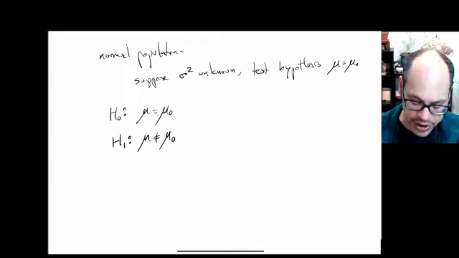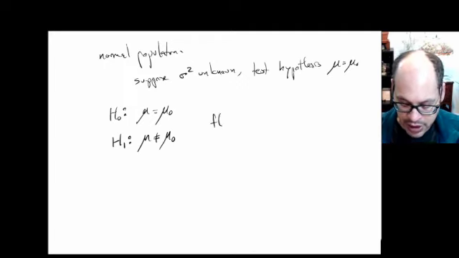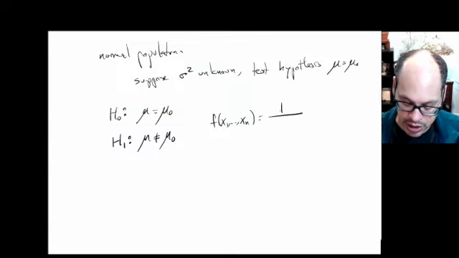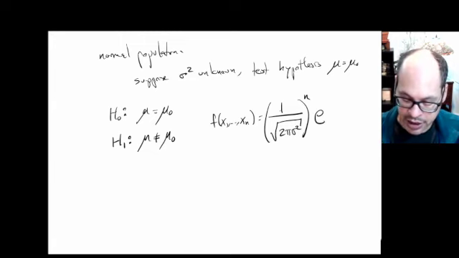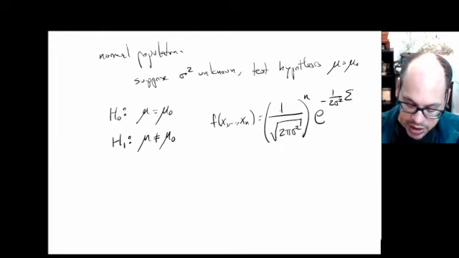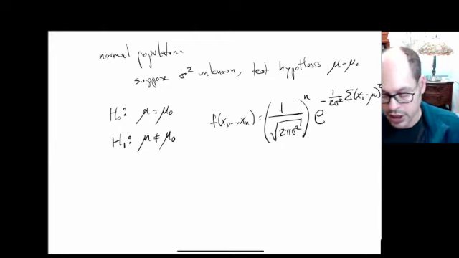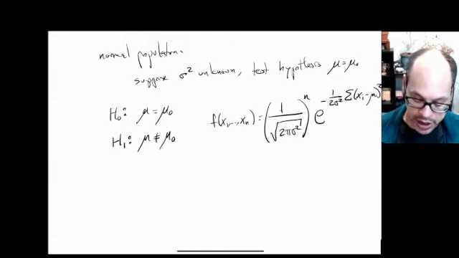And here we're supposing that our density function, a function of x1 through xn, looks like 1 over the square root of 2 pi sigma squared, to the power n since we have n independent observations, times e to the minus 1 over 2 sigma squared, times the sum of your xi's minus mu squared. Okay, so that's the animal that we're looking at.